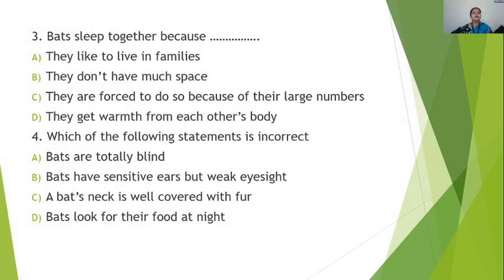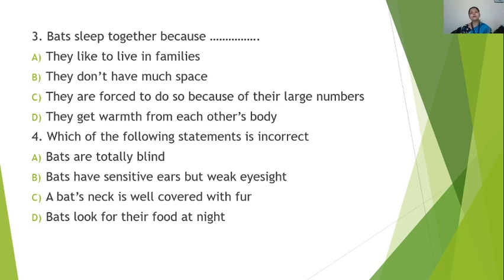Third, bats sleep together because they like to live in families? No, they don't have much space. Maybe we decide our answer after reading all the options. Never ever skip the options. Suppose you think, okay, the first one is the right answer. You know the right answer. Even then, children, never forget to read the rest of the options also.